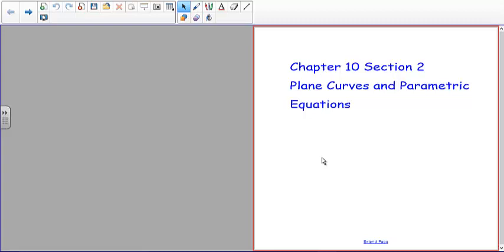What we just talked about, ellipses, hyperbolas, and circles, which are ellipses where a and b are equal to each other, are plane curves, along with parabolas. We're going to now talk about plane curves in general.